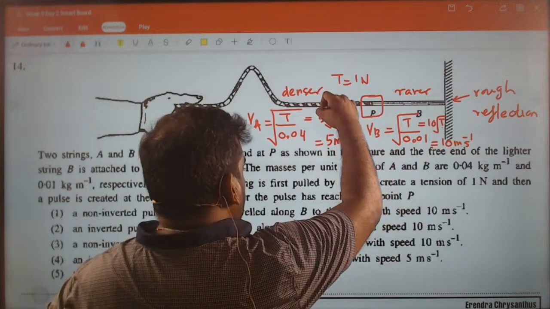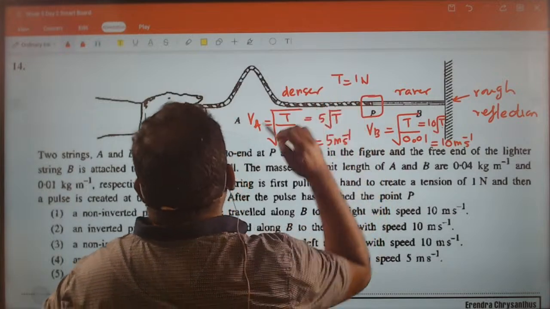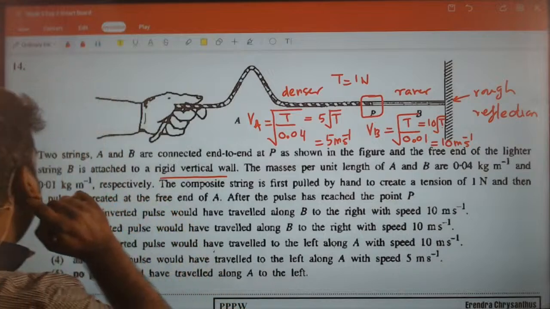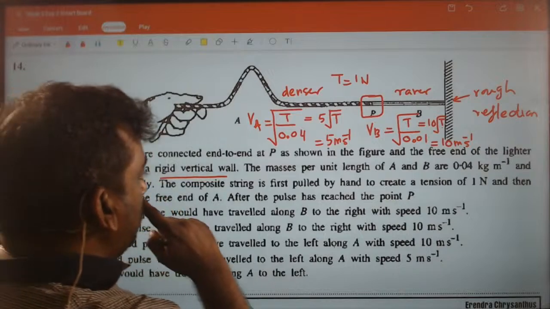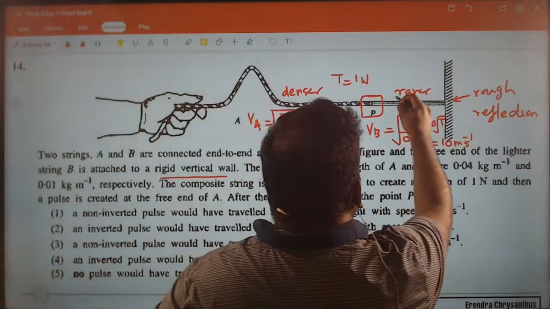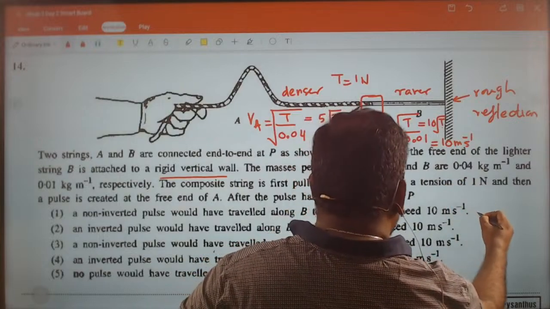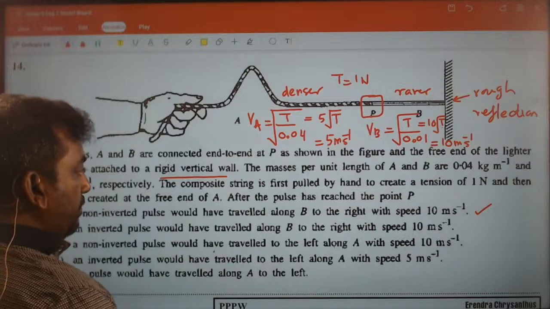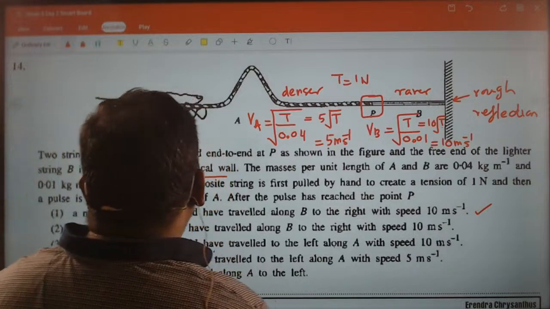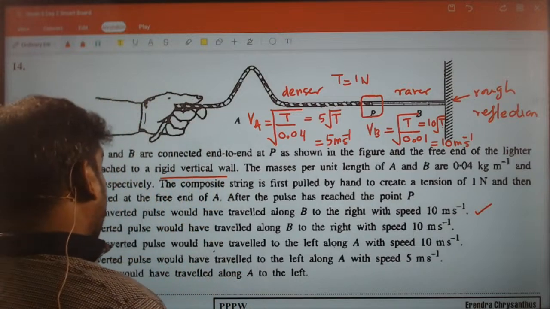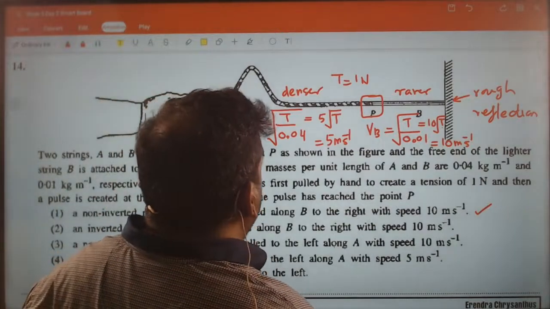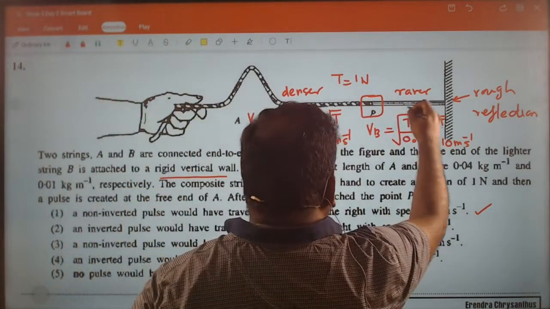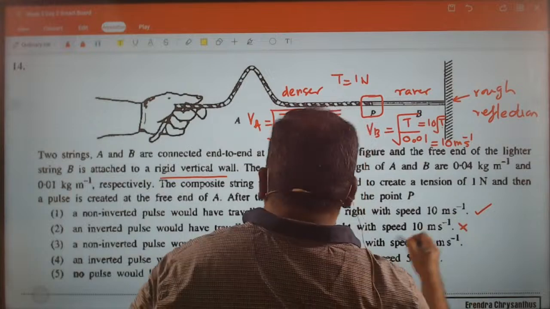Option one: a non-inverted pulse would travel along B to the right with speed 10. Here speed is 10, this looks correct. Option two: an inverted pulse would travel along B to the right with speed 10. There would be an inversion in refraction in the same direction, so this is wrong.